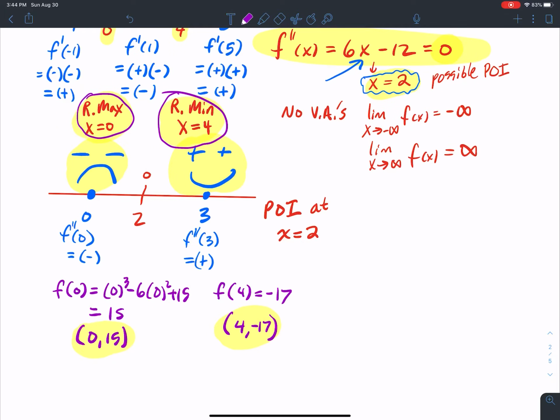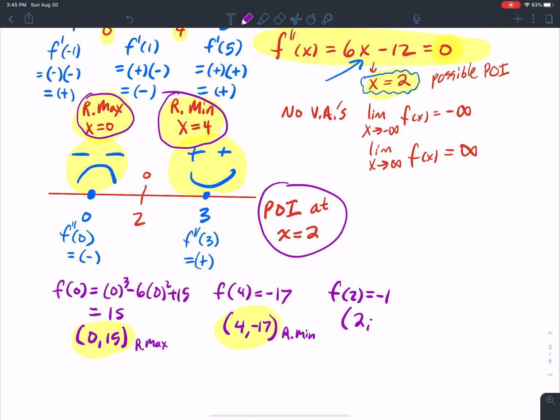What else do I have? So this is a relative max. This is a relative min. And then point of inflection, x equal to 2. So that's f of 2 equals, if I plug that in, I get negative 1. So that's 2 comma negative 1 for the point of inflection. Okay, so that kind of summarizes everything right there.